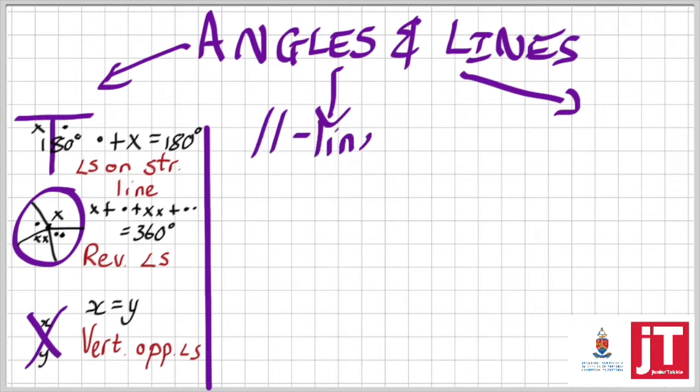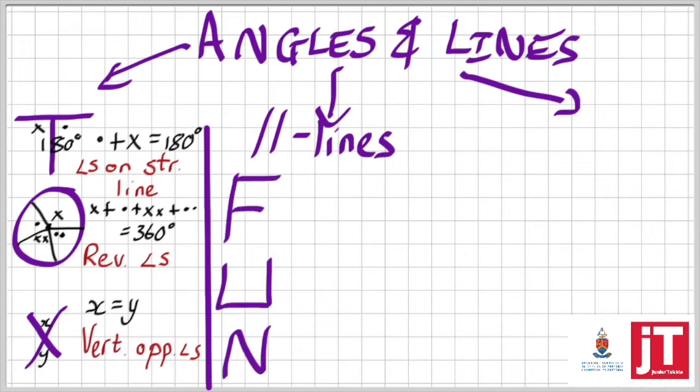Next up, parallel lines. So then we have fun, F, U, and N. But for this one, these 3 things that I'm going to do with you now, these 3 theorems, I'm going to assume that the lines are parallel.